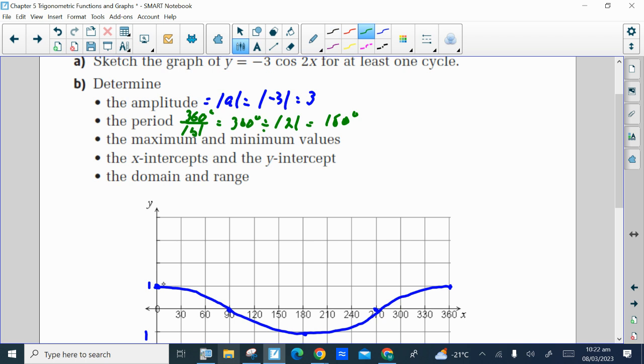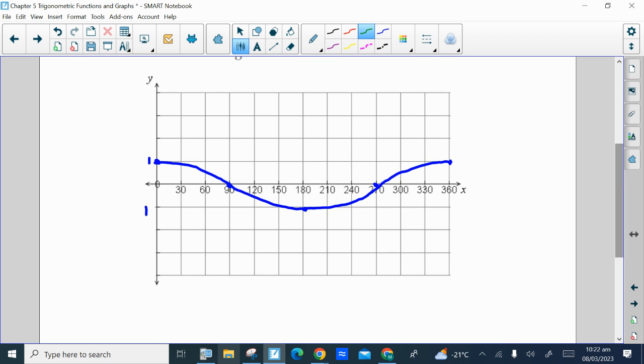So the original maximum value of 1, that's a y value, will be multiplied by negative 3, and that's where we start here. So this is negative 1, negative 2, negative 3, positive 1, positive 2, and positive 3. This graph will start at 0, negative 3.